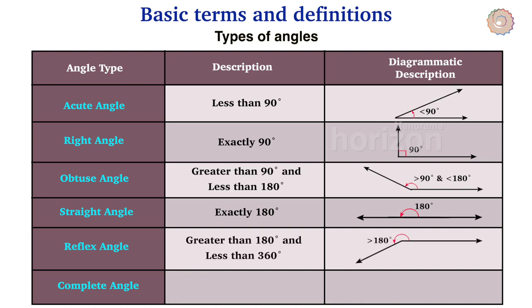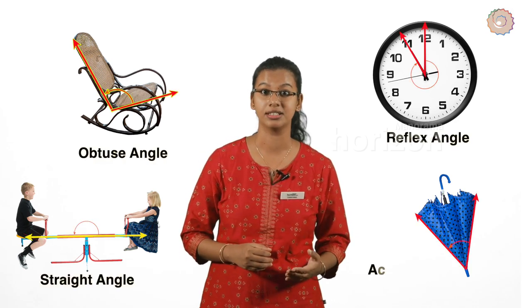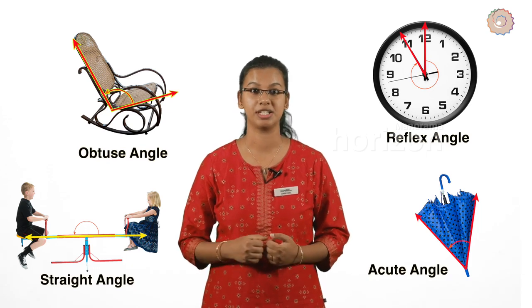An angle which is greater than 180 degrees but less than 360 degrees is called a reflex angle, and a complete angle is equal to 360 degrees. Can you guess what type of angles you can see in these examples? They are obtuse angle, reflex angle, straight angle and acute angle respectively.